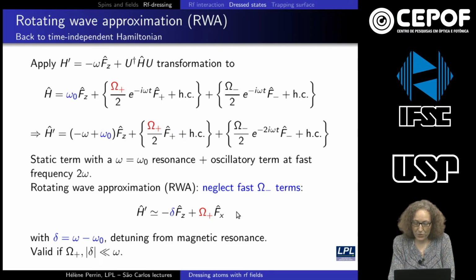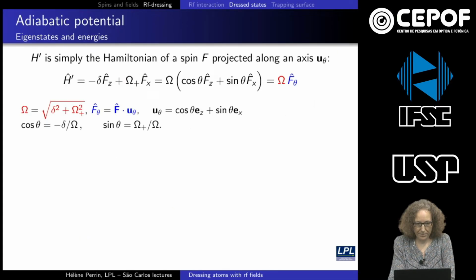So this expression is valid as long as the RF coupling and the detuning are very small as compared to the RF frequency itself. This is why we can neglect this term here. We have small coefficient, and here something fast oscillating. So from now on, we will work with this Hamiltonian in the rotating frame.